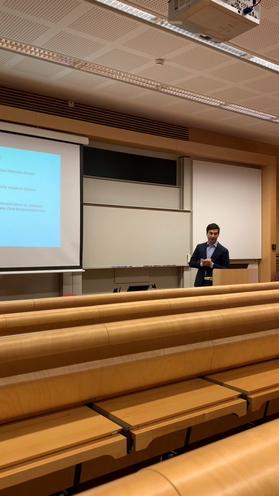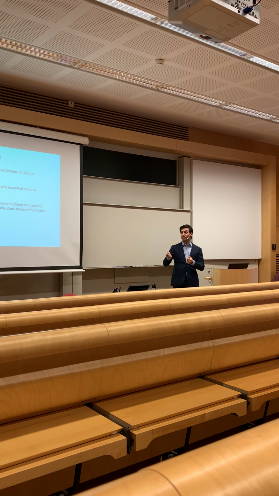Let's start with the second paper, which is the last thing that Alessandro mentioned. It's about the initial architecture of the system and how that affects the system's long-term habitability. The third paper is about what happens after the system is formed if it encounters other stars, usually in its birth cluster.